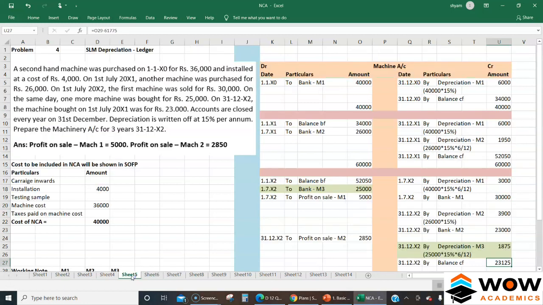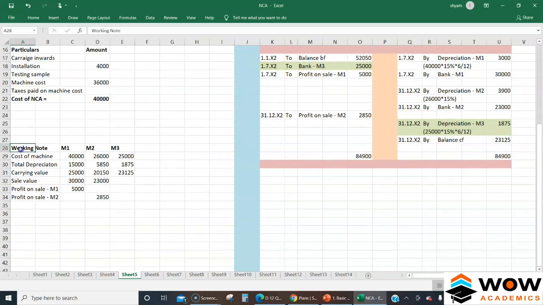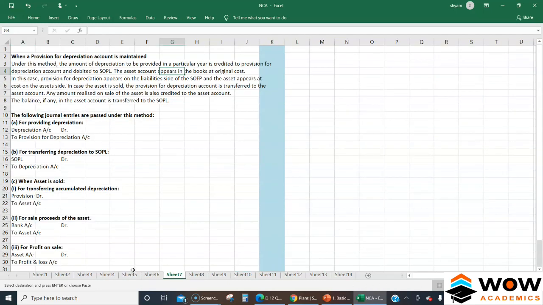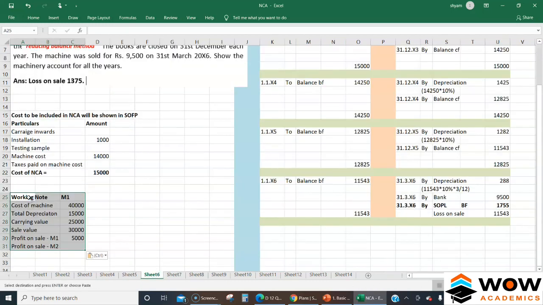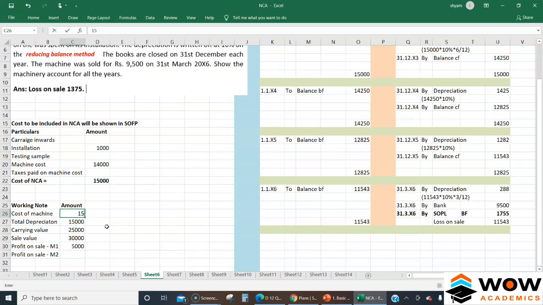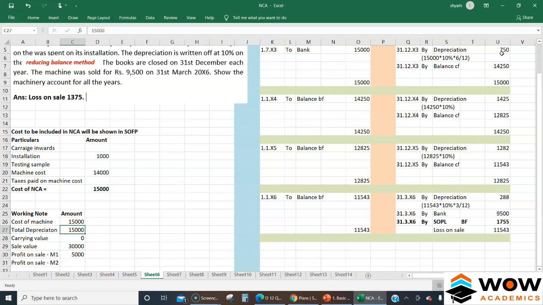If you want, you could also find this out based on another concept. The machine was worth how much? 15,000, and the total depreciation on it, all these numbers 750, 1425, 1282 and 288, comes to 3745.